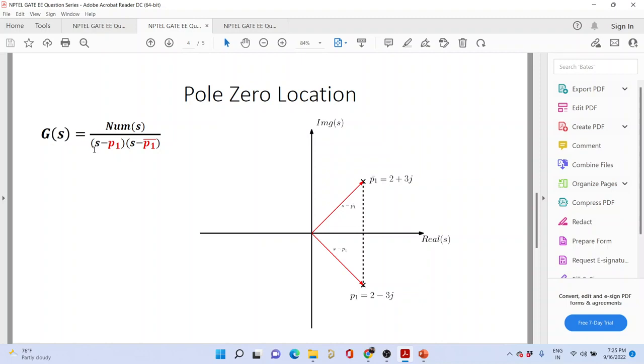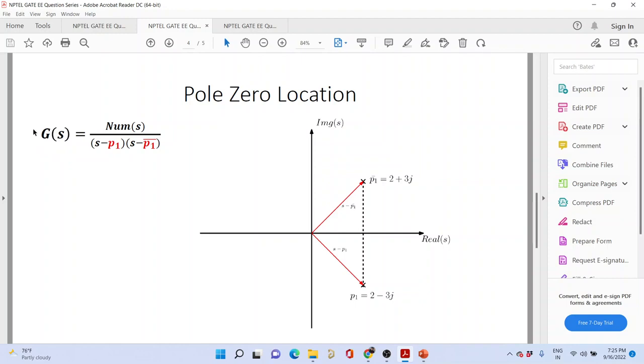No, it is not the definition. s we define as rho plus j omega. But whenever you are finding the frequency response, finding magnitude or angle, you just replace s with j omega. Why do you do that? Frequency response is the output to a sinusoidal input. Correct, because while experimentally finding the frequency response, we excite the system with sinusoidal inputs.